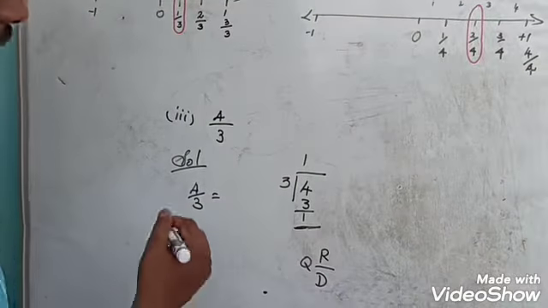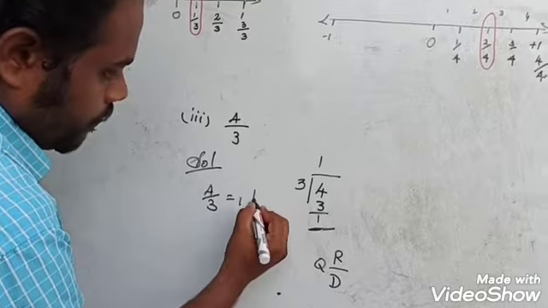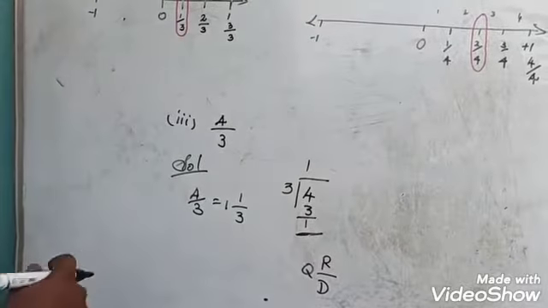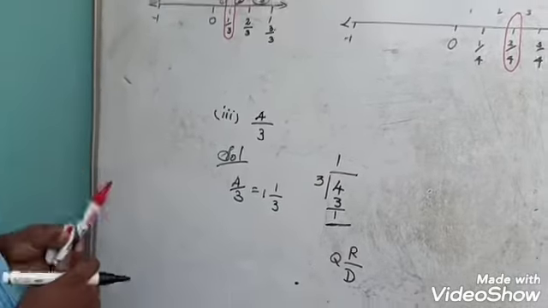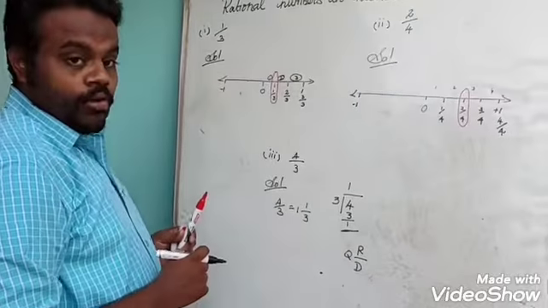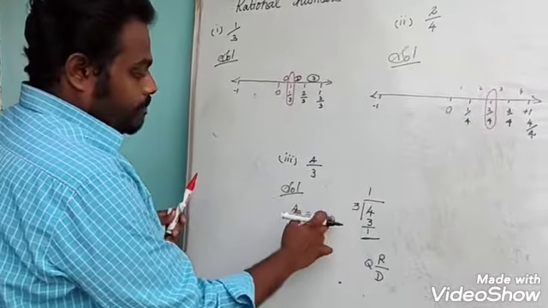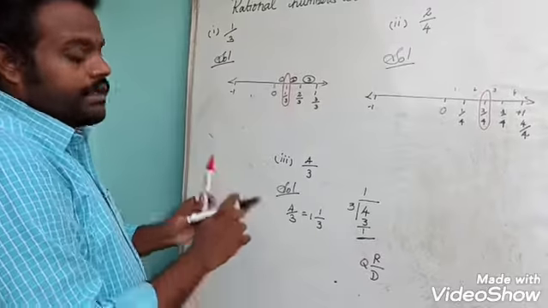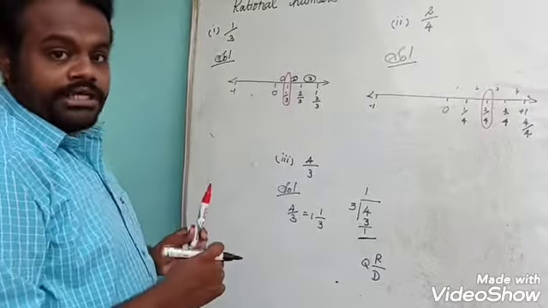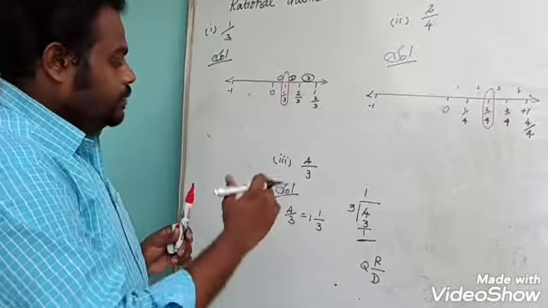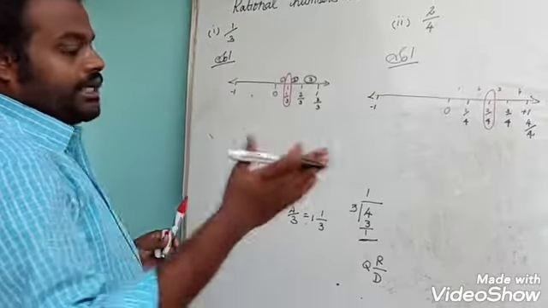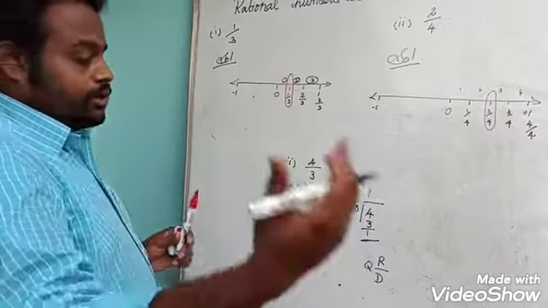So because of that, 1 1 by 3. So already I told you improper fraction is always more than 1. So 1 1 by 3 indicates 1 more than 1, but it should be less than 2. So this indicates in between 1 and 2.